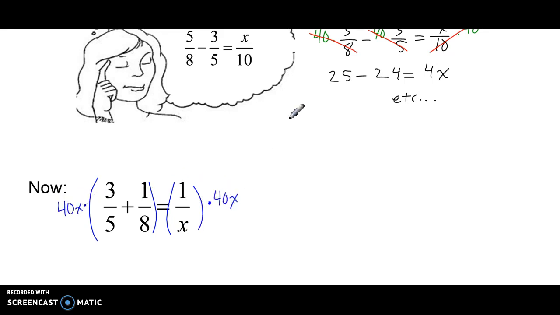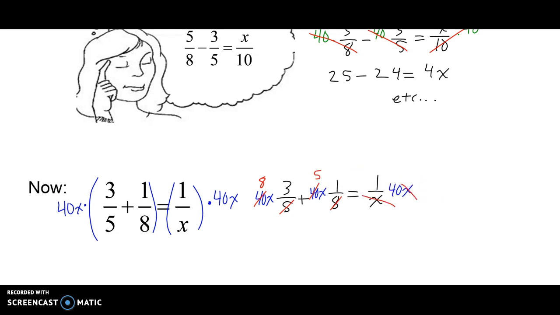Common denominator here is 40x, and just like in the previous problem, you distribute that 40x to each fraction, and you get to cancel. And the cancellation works just as well here as it did in the previous problem. 5 goes into 40 8 times, 8 goes into 40 5 times, x cancels x, that's the new thing.